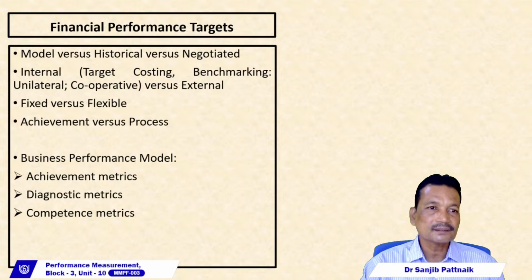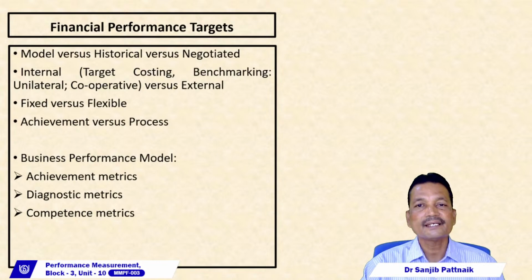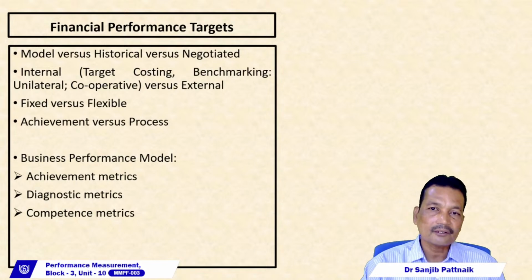First one is the model versus historical performance versus negotiated performance targets. Now, what are these model targets? We know that we can have a causal relationship between two or more variables. Suppose we say if we put 10 kg of input, our output will be 6 kgs.